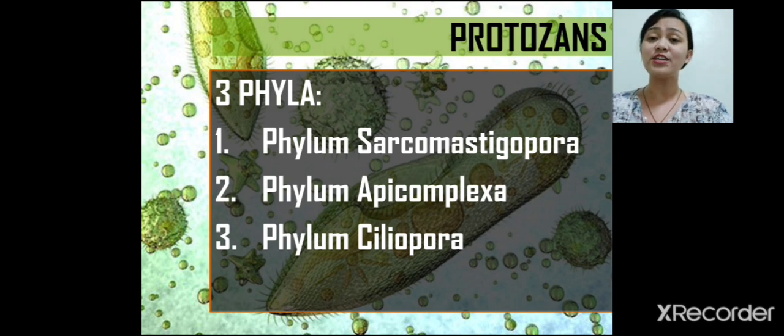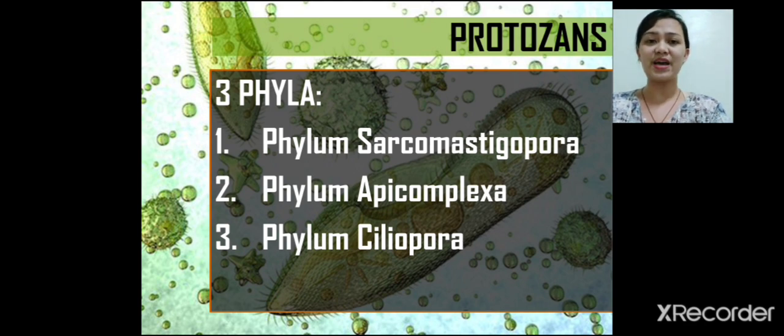Okay, so to wrap things up, protozoans are unicellular organisms under the kingdom Protista, which are usually found in damp areas or in freshwater or marine environments.